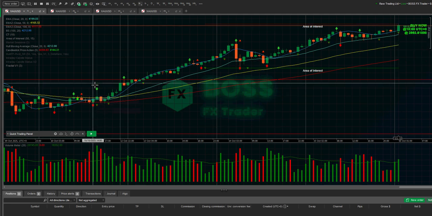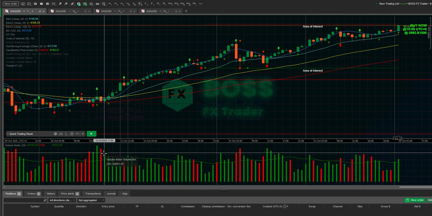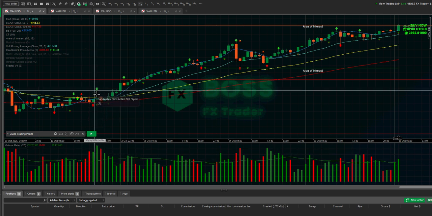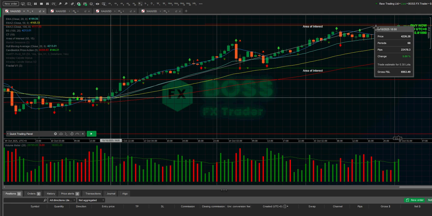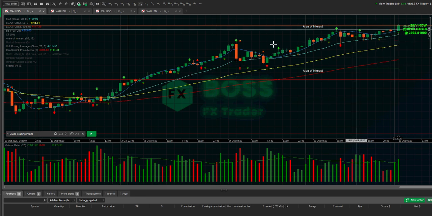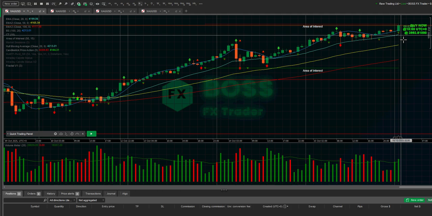As you can see, there's a movement here, and there's volume on this part. So there's a possible buying opportunity, buying pressure here. And look at what happened. It all moved up.